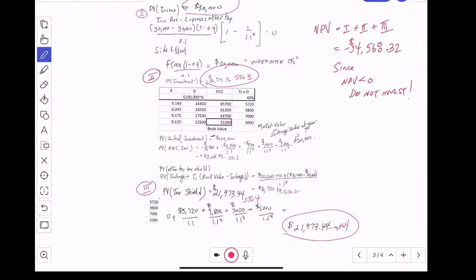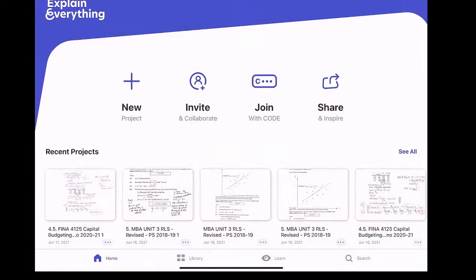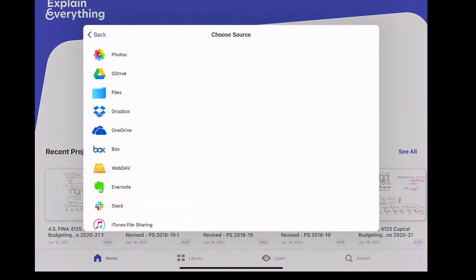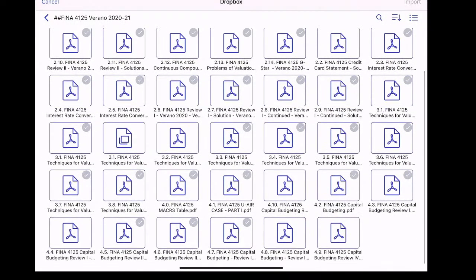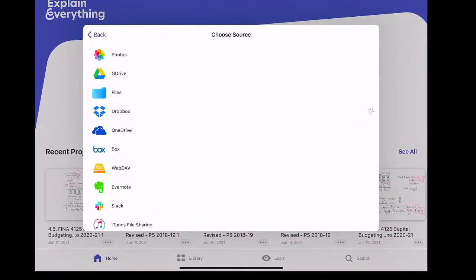Okay, so let's move to 4.7. It's a long one.